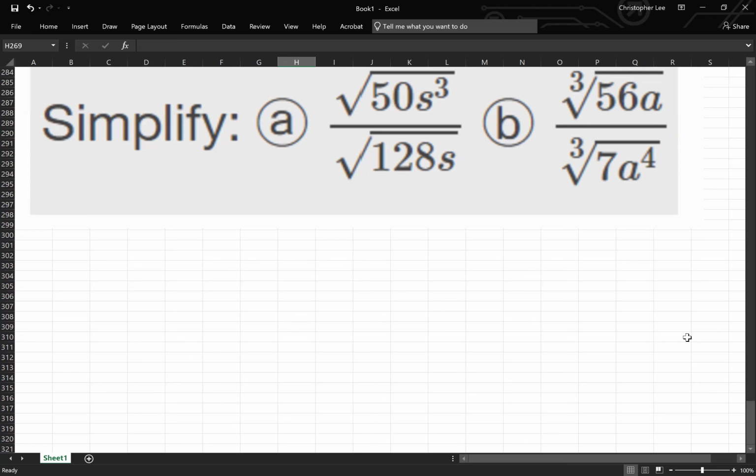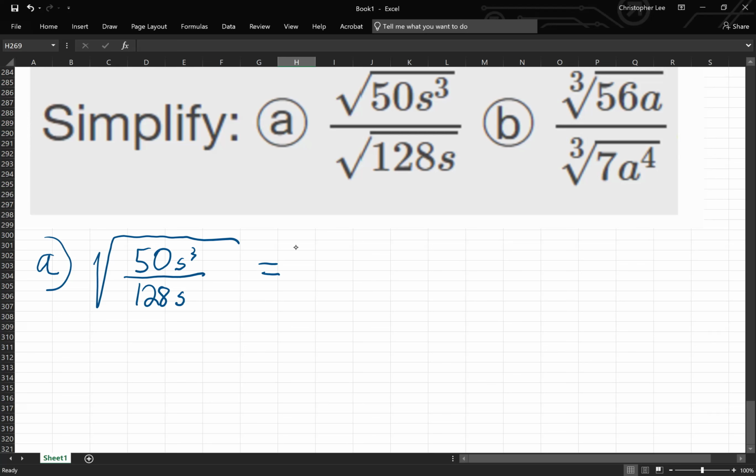All right, let's look at A. Again, I want to write this under a single radical. So this is going to be square root 50s cubed over 128s. And tell me what to do after that. All right, I want to simplify.